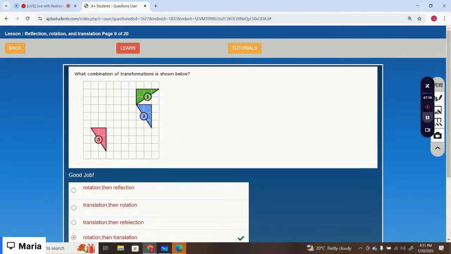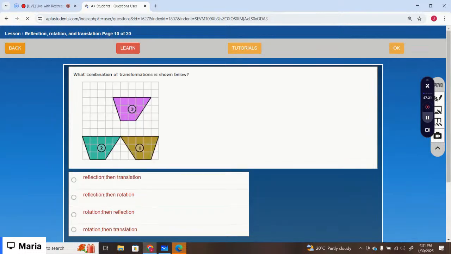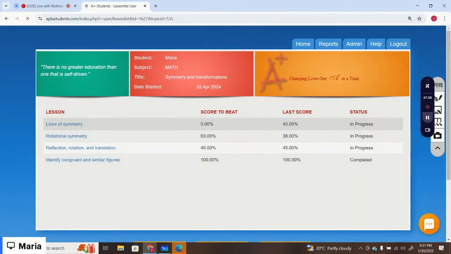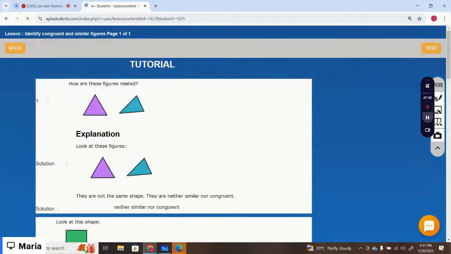Okay, you can complete the lesson by yourself later today. Let me just move on to next lesson. Identify congruent and similar figures. Are these figures related?